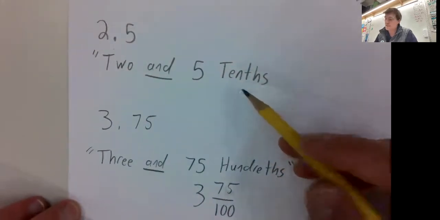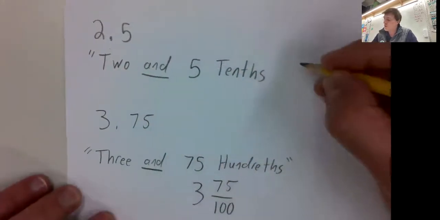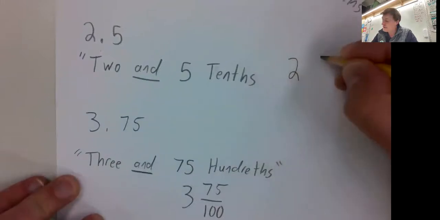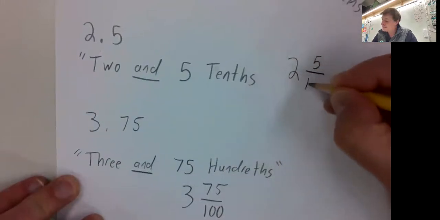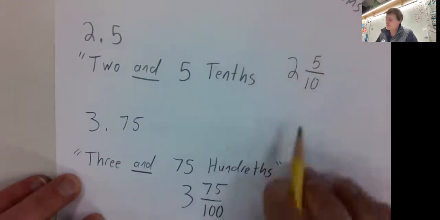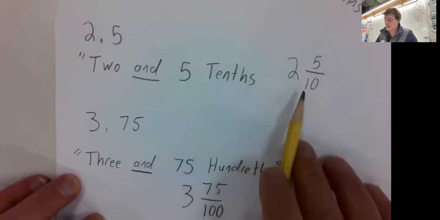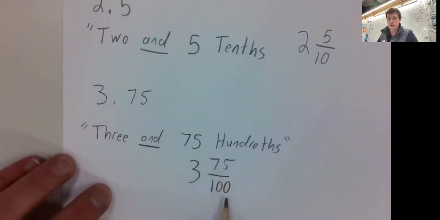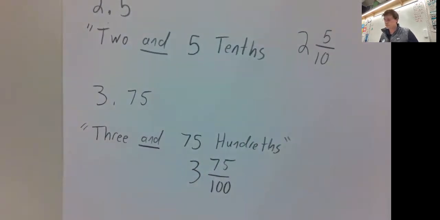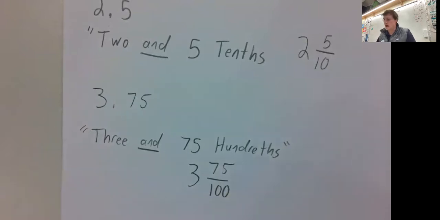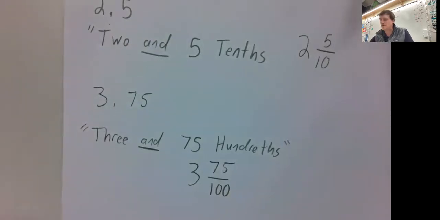Going back to this example, 2 and 5/10. So the tenths here is our denominator. The hundredths down here is our denominator. Okay, so that's basics with decimals, the place values, and how we say them.